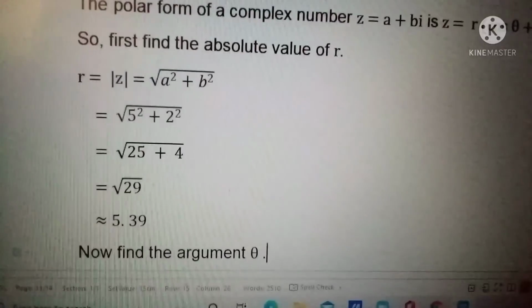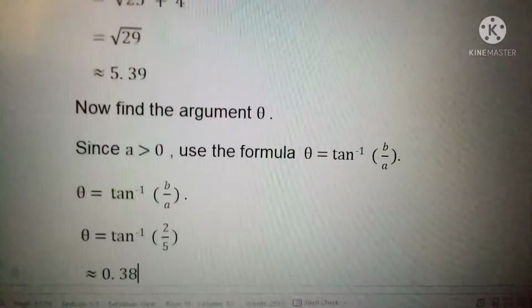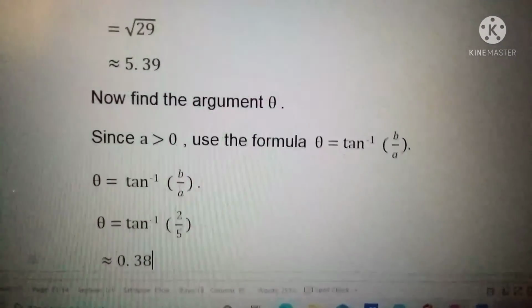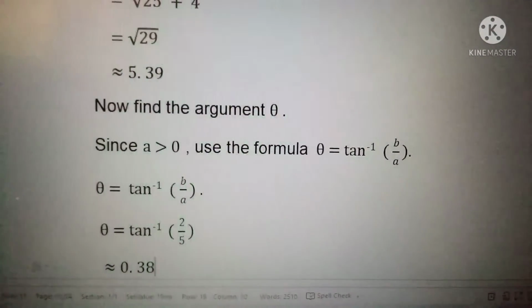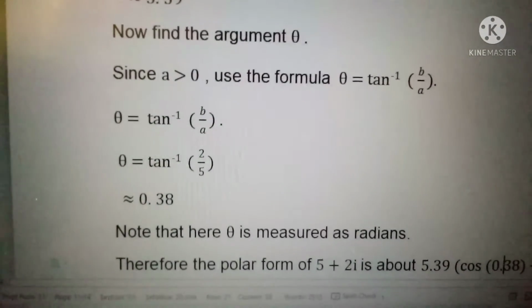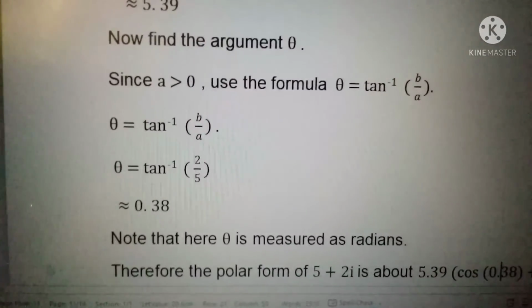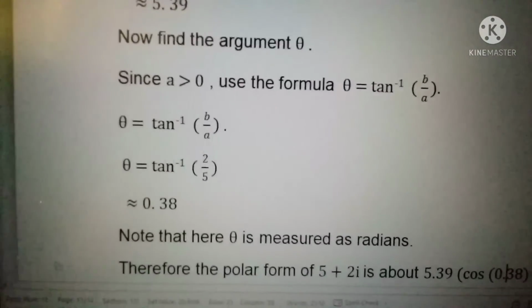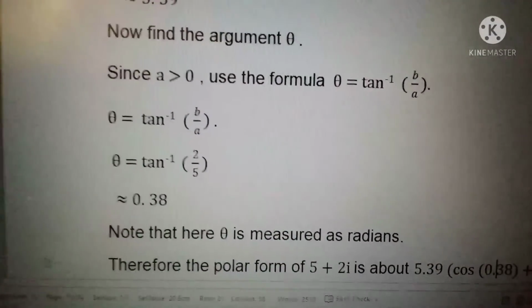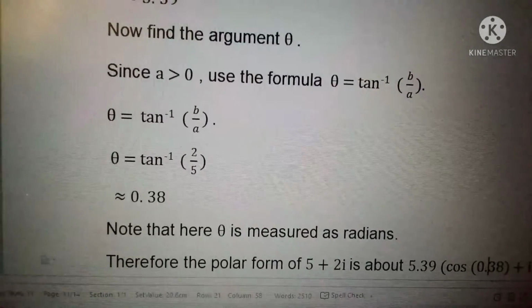So, now, let's find the argument theta. Since a is greater than 0, use the formula theta = tan raised to negative 1 of b over a. So, theta = tan raised to negative 1 of 2 over 5, which is equal to 0.38.